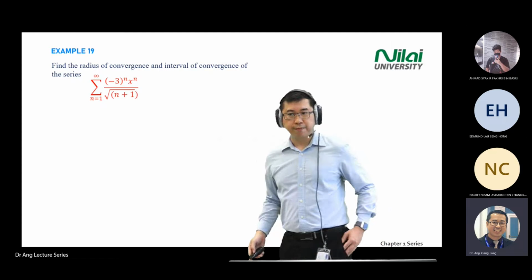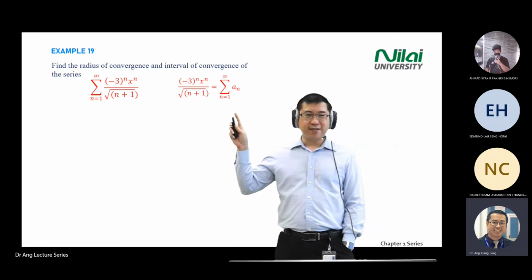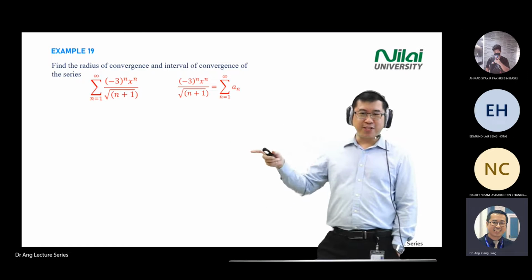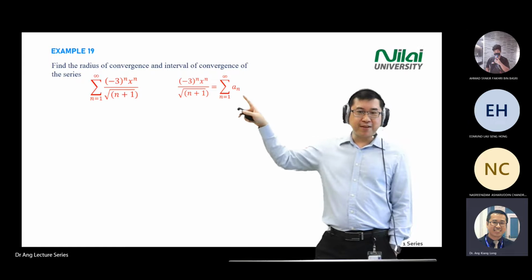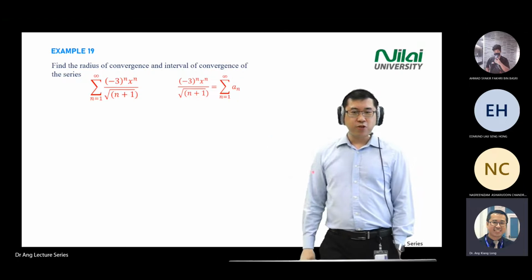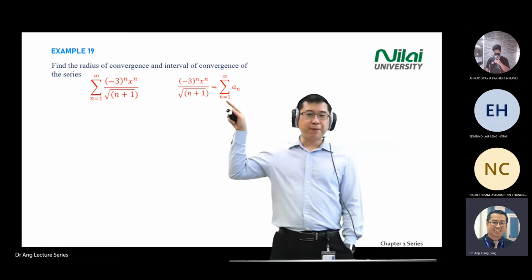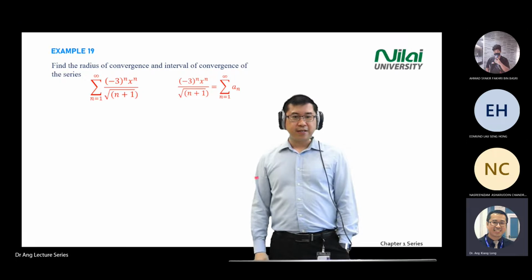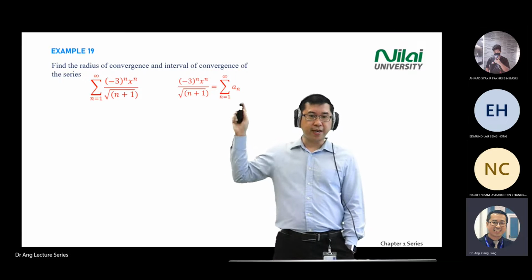How do we solve? First, I hope you will see the SOP, the standard operating procedure in mathematics for power series. Can you see that we keep repeating the steps? The first step is to write what is our AN. So keep in mind when you practice power series exercises, the first step is always to write your equation in AN.